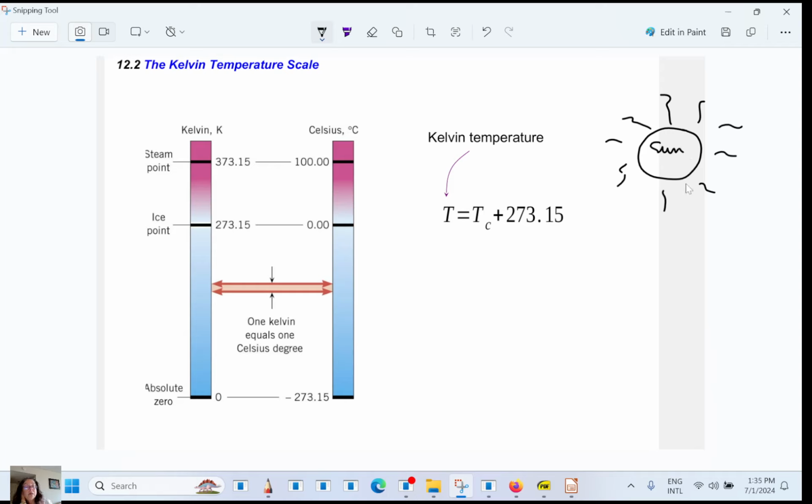So all kinds of colors, but it's going to have a peak wavelength. Okay? And the peak wavelength is going to be in the green. So it means that most of the photons that our sun is emitting are green photons.